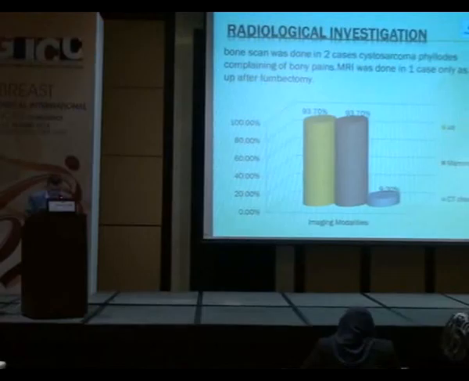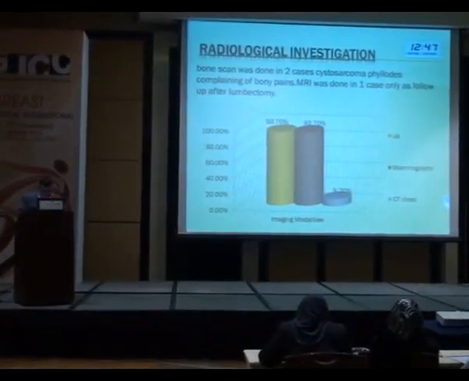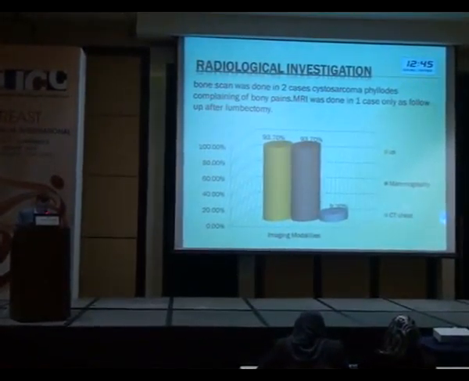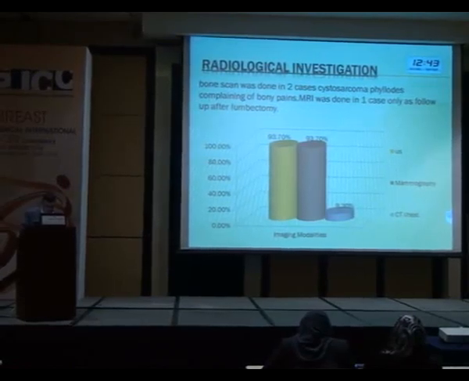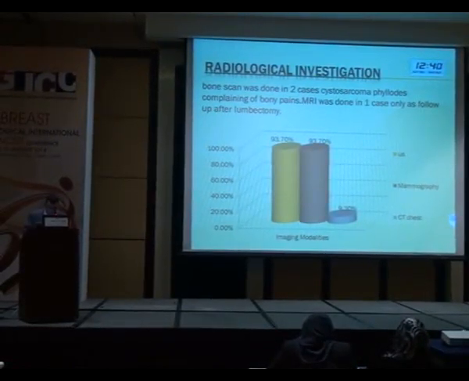Regarding the radiological investigation, the most common tools used in the diagnosis of Phyllodes tumor were breast ultrasonography and mammography, with breast ultrasound showing hypoechoic lesions. Bone scan was done in 2 cases of malignant disease in patients complaining of bony pains, and CT chest was done in 9.3% of cases on suspicion of pulmonary metastasis.